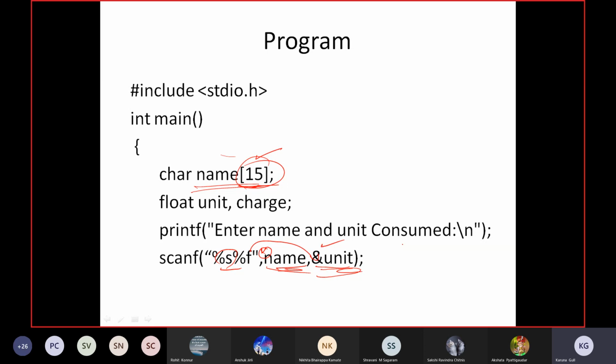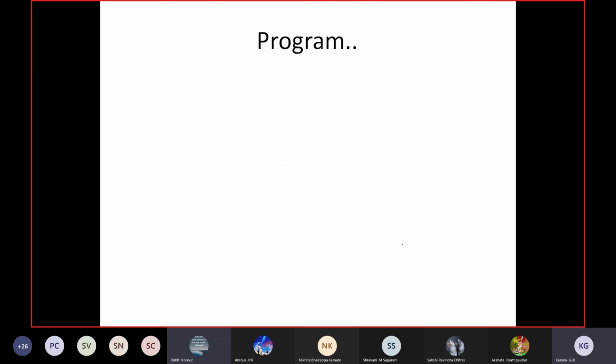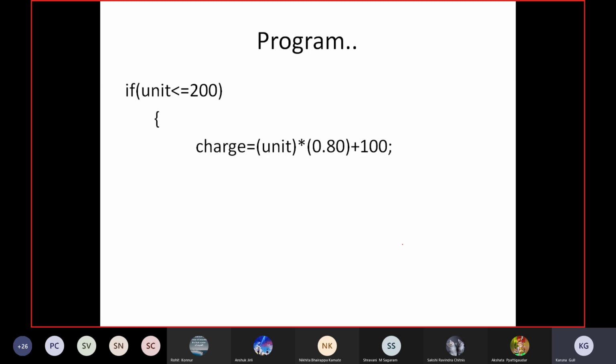Clear, students? Yes, ma'am. So we have read the units now, and then we'll check for this condition. Whatever algorithm I have written, I have just translated into a program. I am calculating the charge here. Charge is equal to unit into 0.8 plus 100.